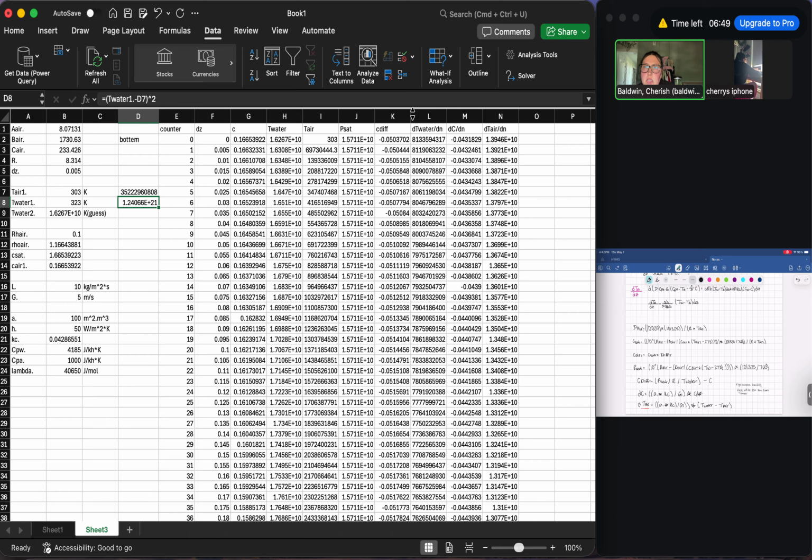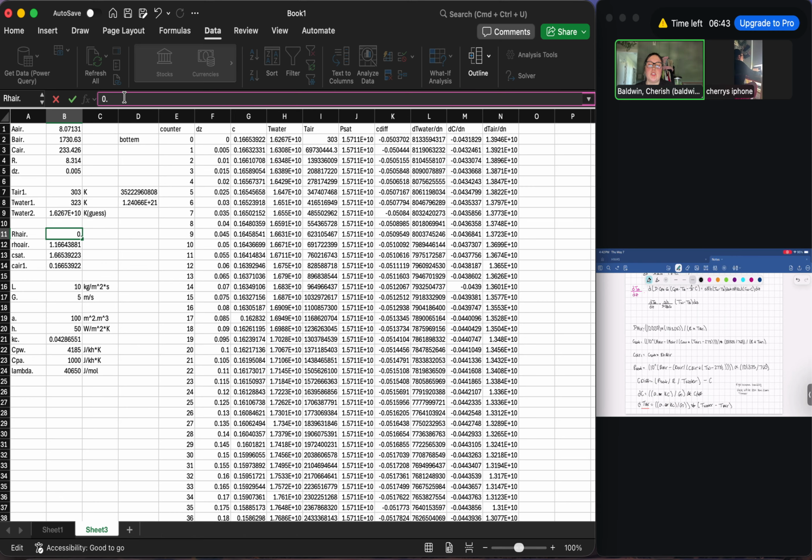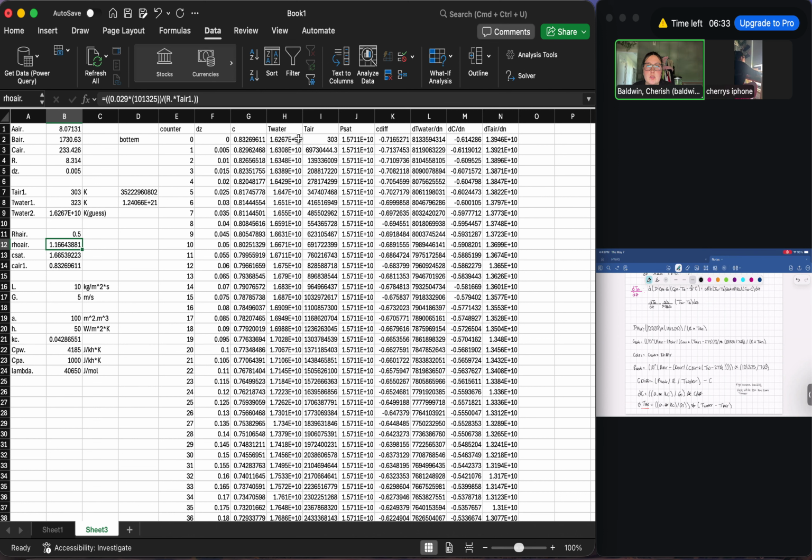And now if we increase our humidity, in theory, if we increase humidity, then there'll be less mass and heat transfer. So let's increase this to 50%. So let's see.